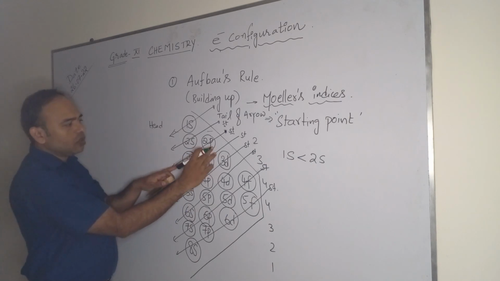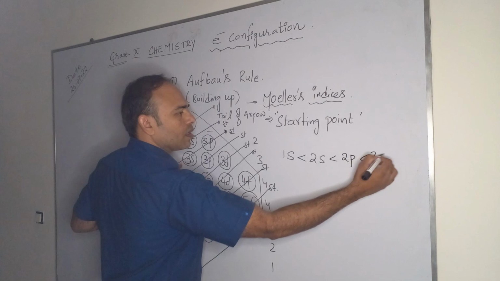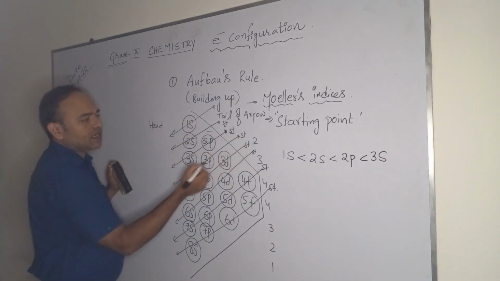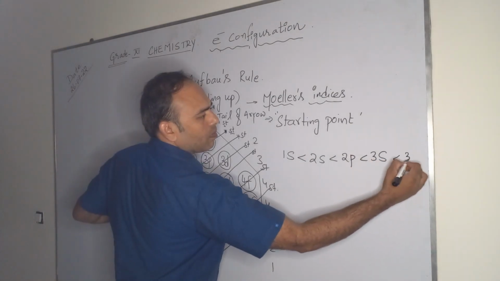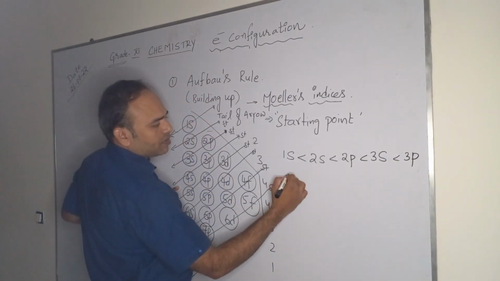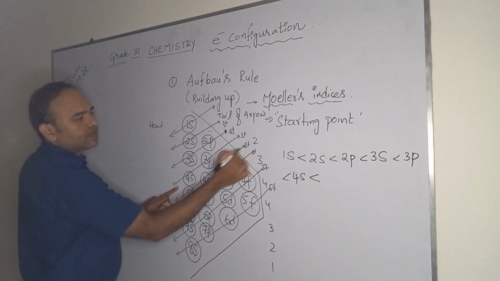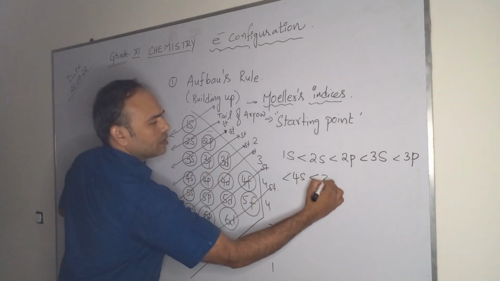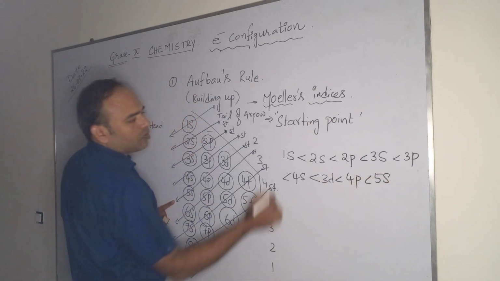So what do you have? 2p and 3s. Next go back. The tail of the arrow mark is the starting point and you get 3p and 4s. Next, again this is your starting point. You get 3d, 4p, 5s.